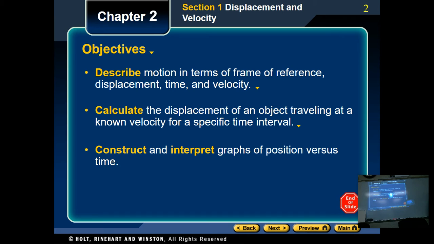We're going to describe motion in terms of frame of reference, displacement, time, and velocity. We'll calculate the displacement of an object traveling at a known velocity for a specific time interval. And then lastly, we'll construct and interpret graphs of position versus time.